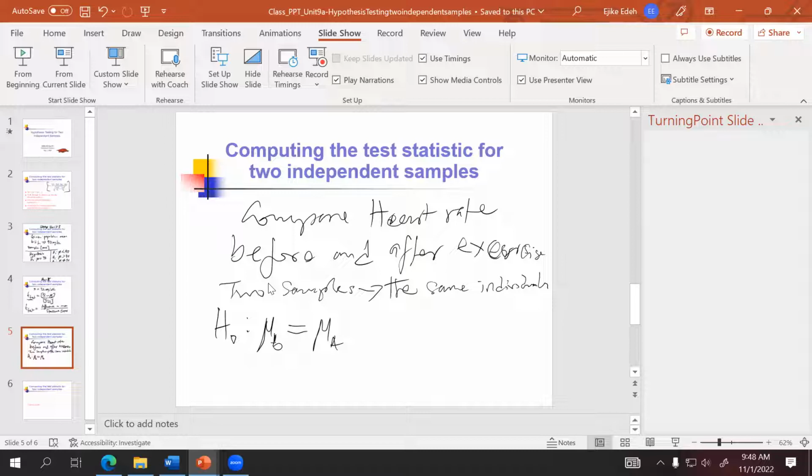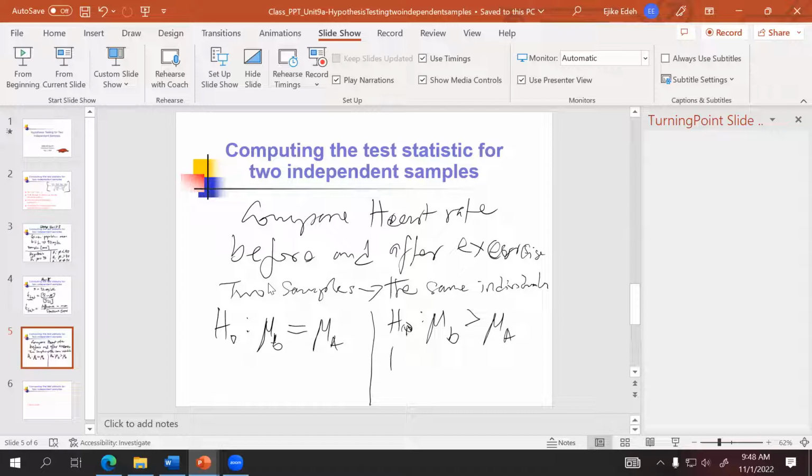I will make that argument later. So I could go ahead and dispute this in three different ways. We could say the alternative is that the heart rate of the first group is greater than the heart rate of the second group. That would be one claim.